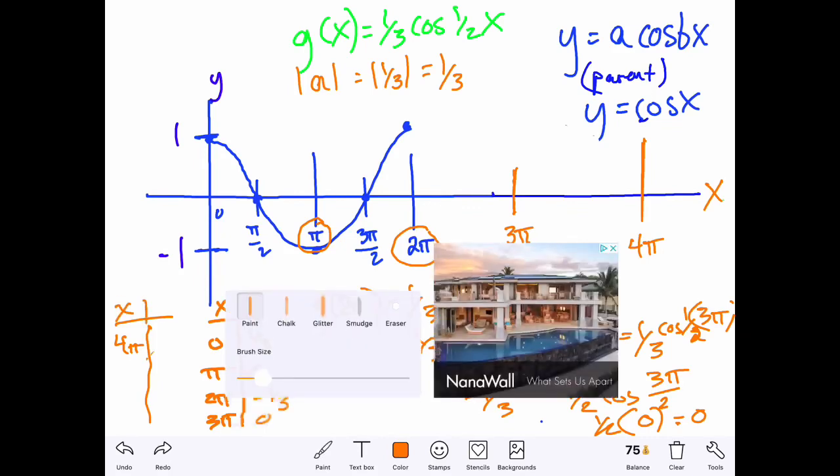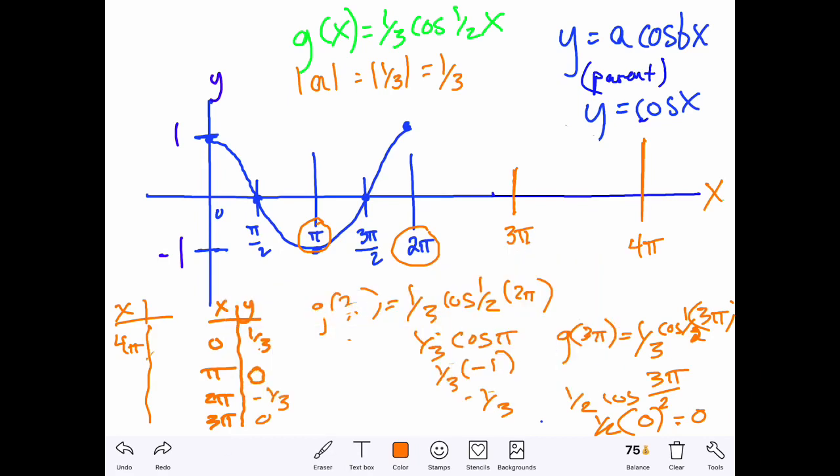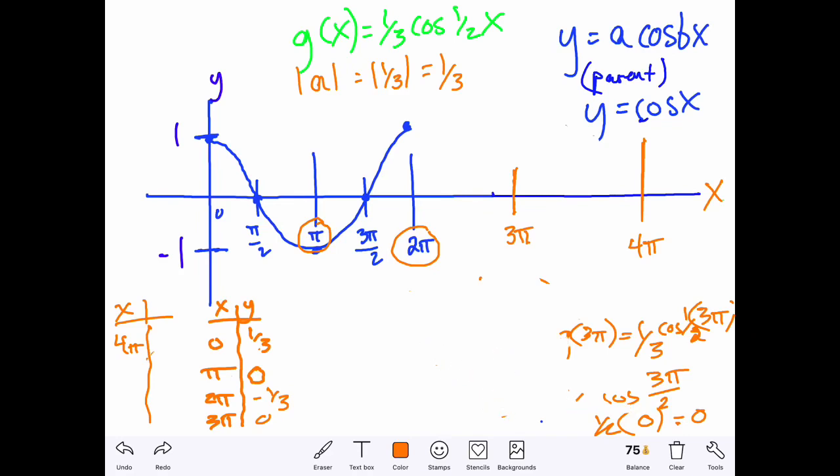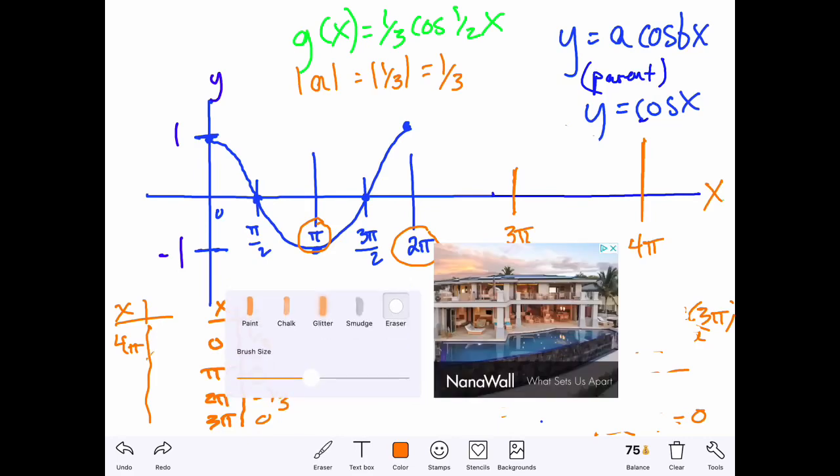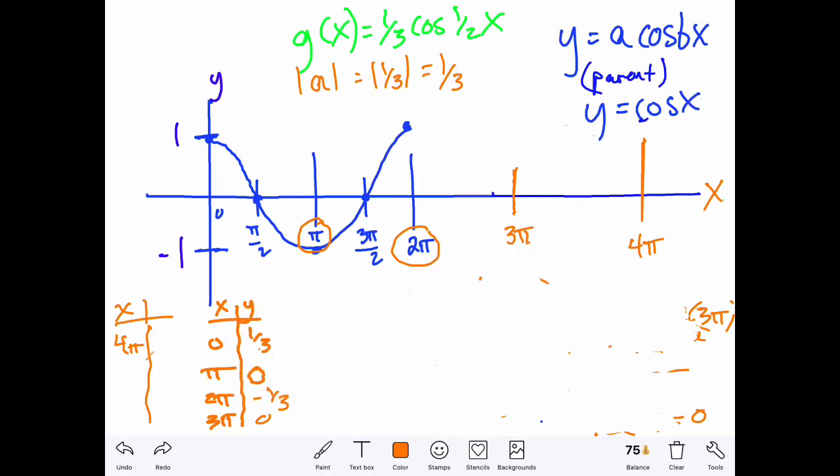Let me erase. Okay, and then let's do g of 4 pi, which would be 1/3 the cosine of 1/2 of 4 pi.